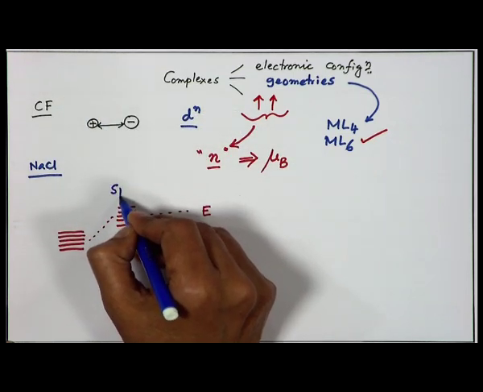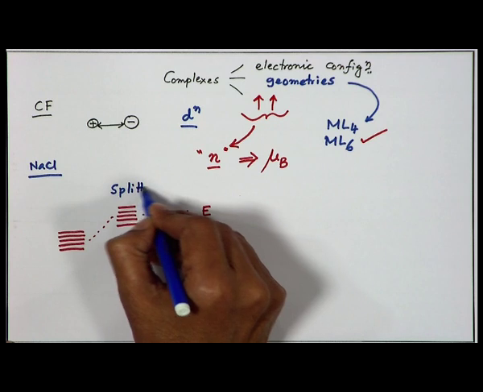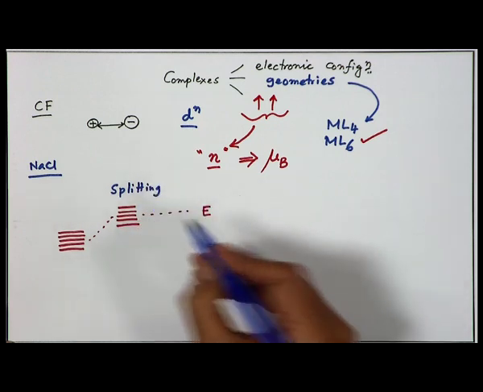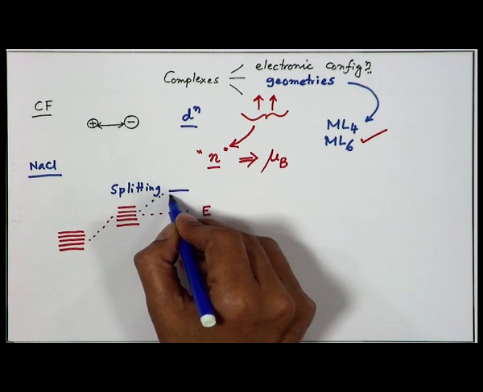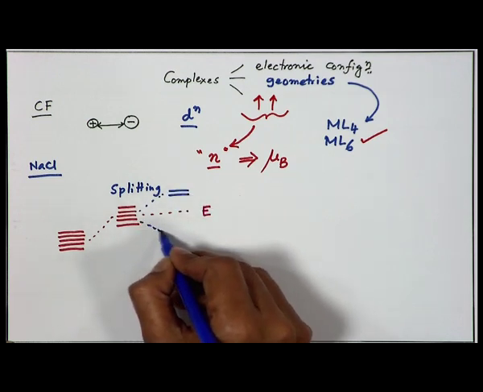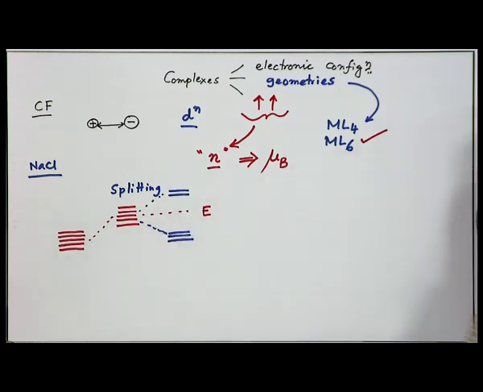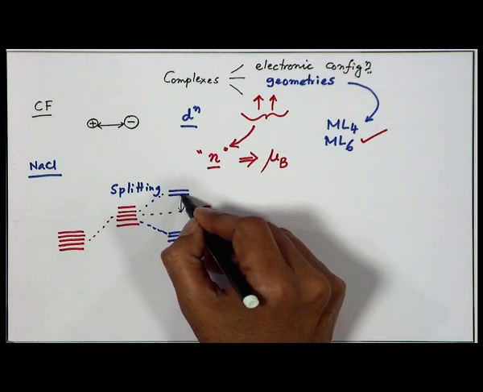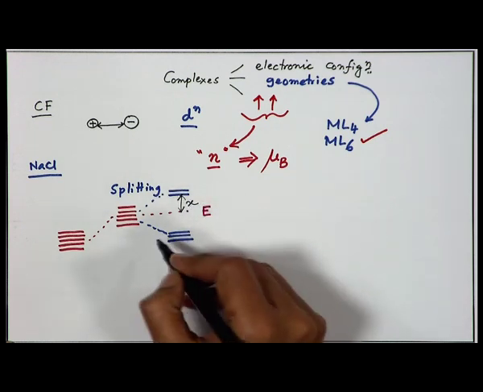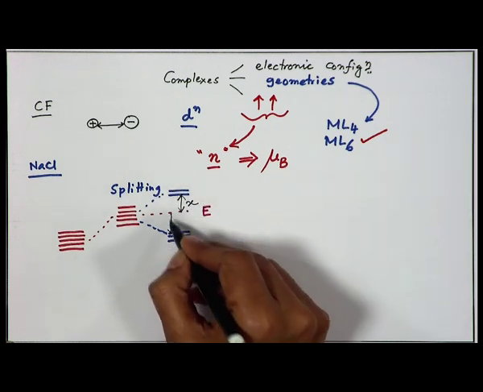So, the splitting will be there, and that splitting will give rise to a doublet state and a triplet state, and these two states are separated by a magnitude of x and a magnitude of y.